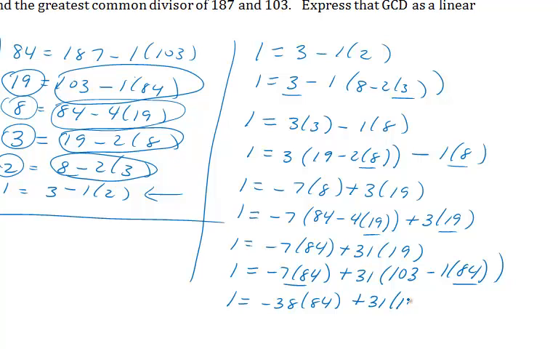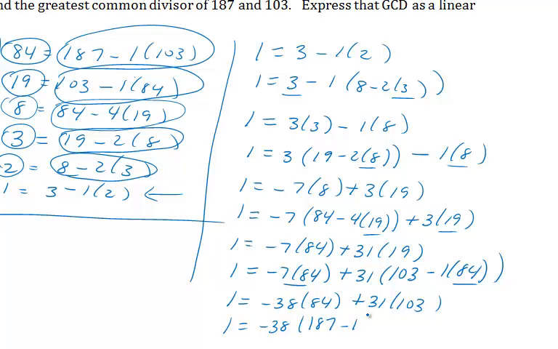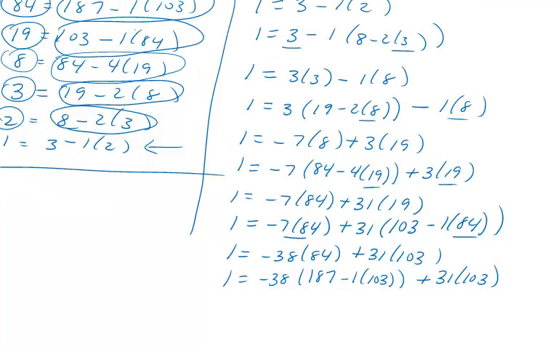Plus 31 times 103. And lastly, the 84 gets replaced with this expression, negative 38 times 187 minus 1 times 103, and then plus the 31 times 103 from above. And I'm going to combine like terms. So I've got some 103s here and some 103s here.